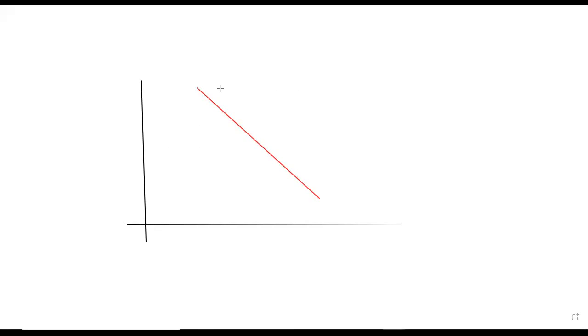Suppose we have two data points. Similarly, we have another data point.